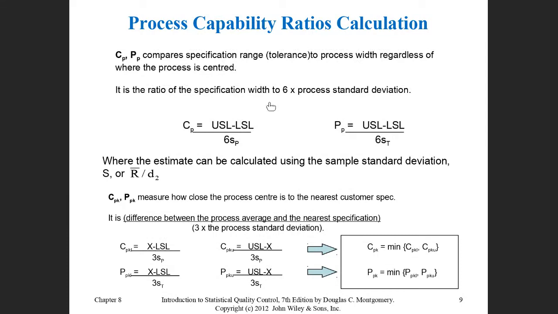The calculation for the process capability and the process performance is here: the difference in the specification limits divided by 6 standard deviations. The process capability ratio is also the same. The only difference between those two formulas is the standard deviation.